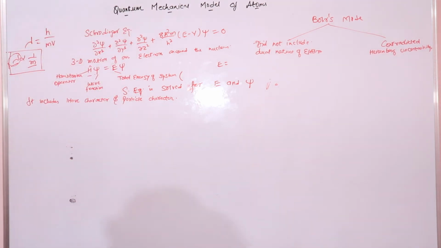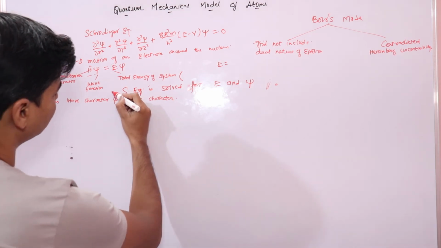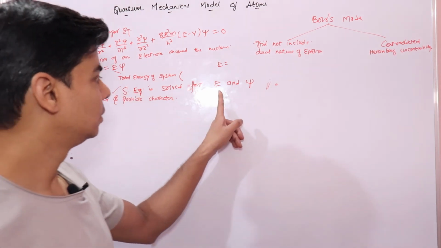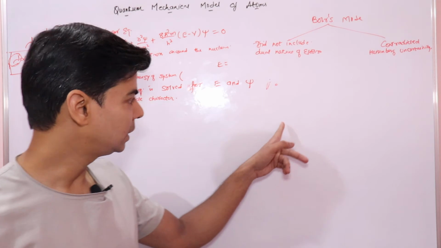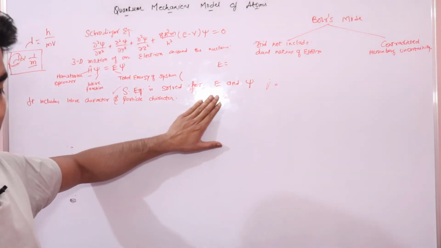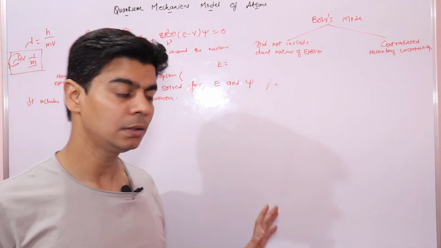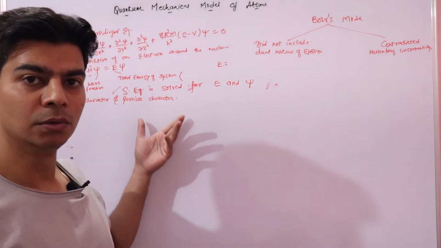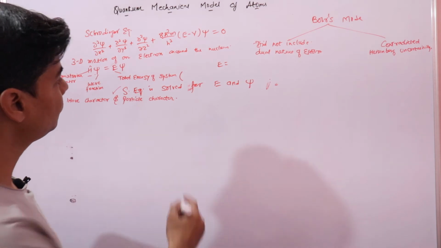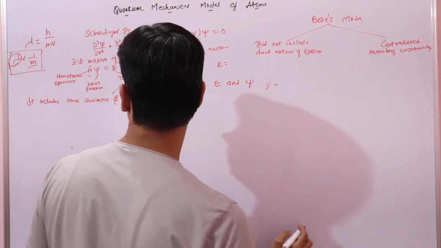Now, since the Schrodinger equation is solved for E and psi, in the wave mechanical or quantum mechanical model we would be applying the Schrodinger equation to the structure of the atom.